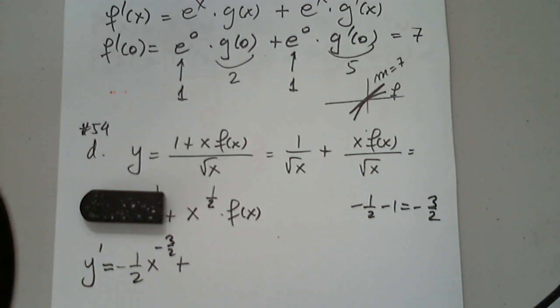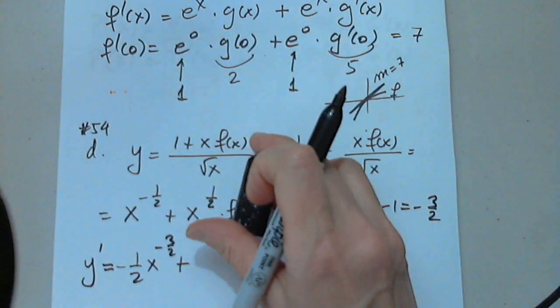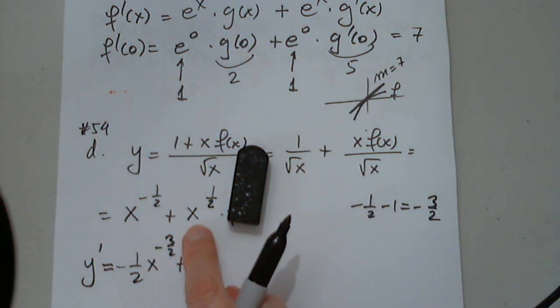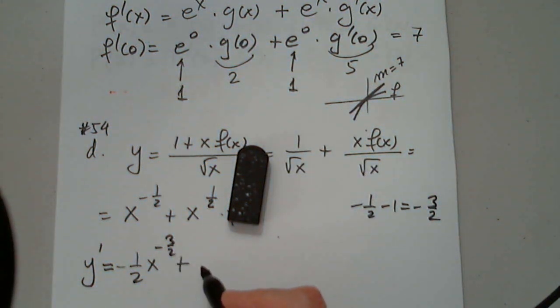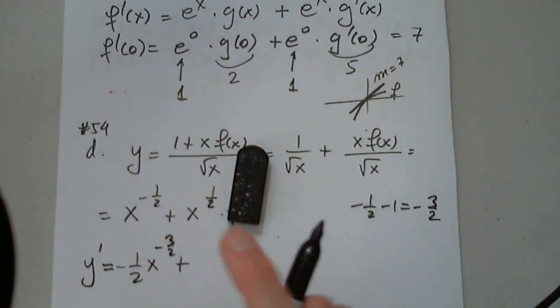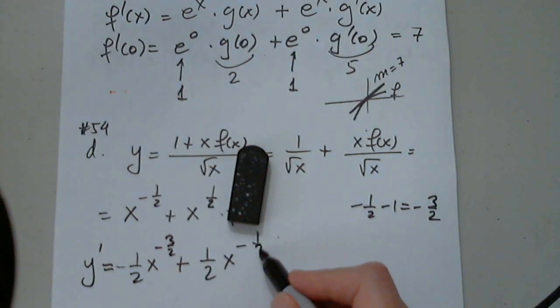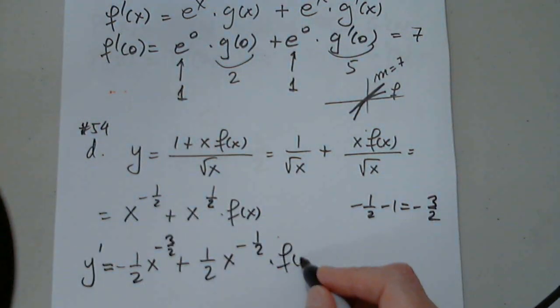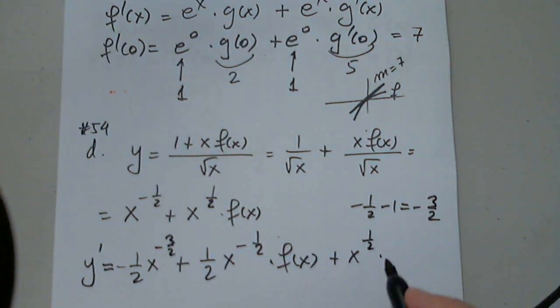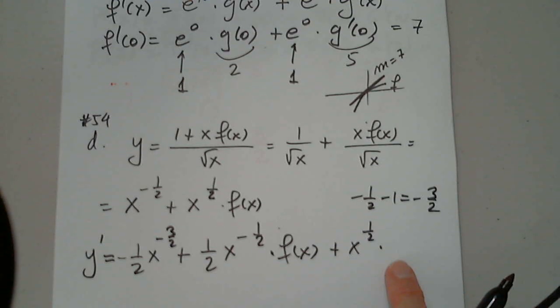Yeah, we're going to be applying the product rule here. Awesome. So let's differentiate the first part. 1/2 x to which power? -1/2. That's it. Awesome. Times f of x plus x to 1/2 times f of x. Careful.